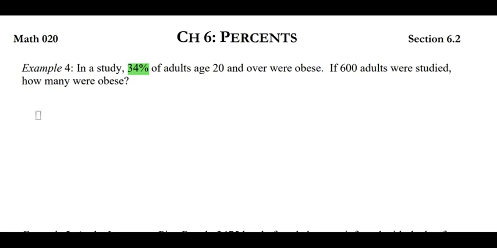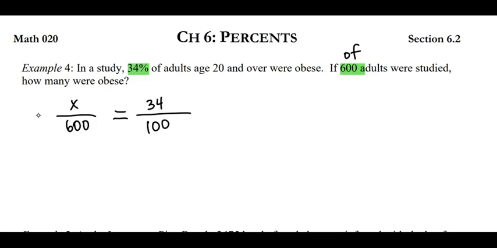Age 20 or over does not make any difference, so I'm not going to look at those numbers. So 600 adults were studied. That is the total, so that's going to be my of. So I'm going to set up my proportion over 100. I got my 34 as a percent of 600, and I do not know that number. How many people represent 34% of 600?